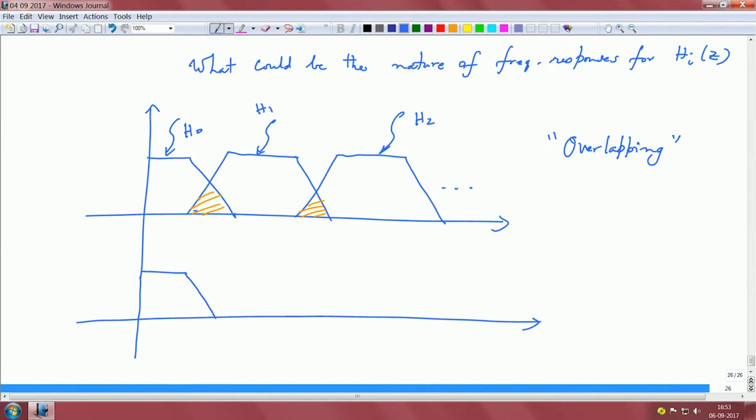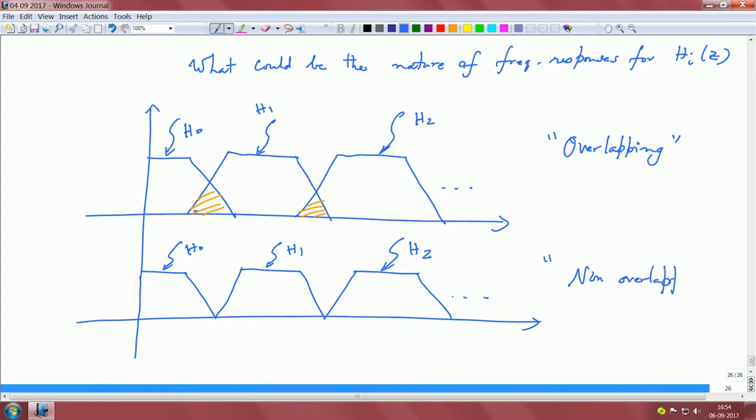An alternative way to think about these filters would be to treat them as non-overlapping. And you may wonder, what is the connection to having overlapping frequency responses versus non-overlapping frequency responses, right.